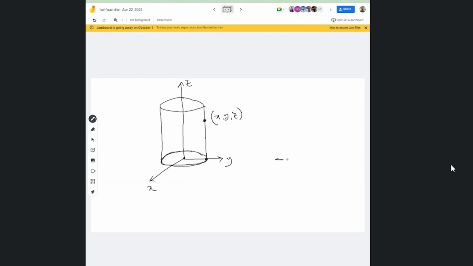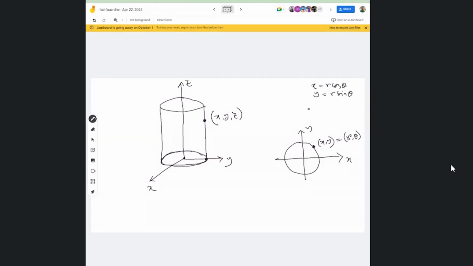If we take the xy coordinate, where we draw the circle, each point on this circle we can denote by xy. At the same time this point can also be denoted by r theta, and the relationship between xy and r theta is x equals r cos theta and y equals r sin theta, right?